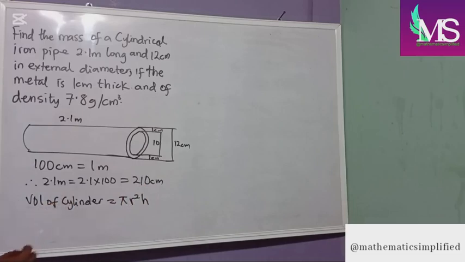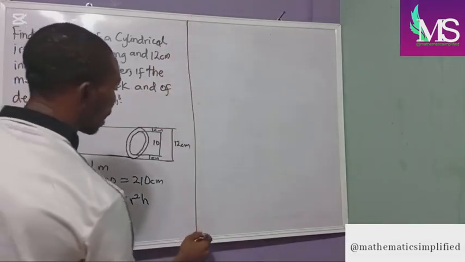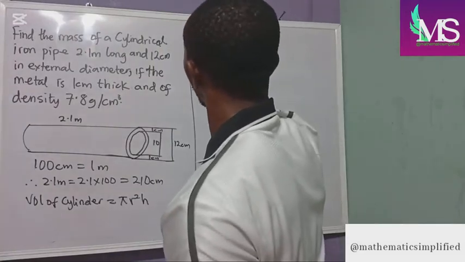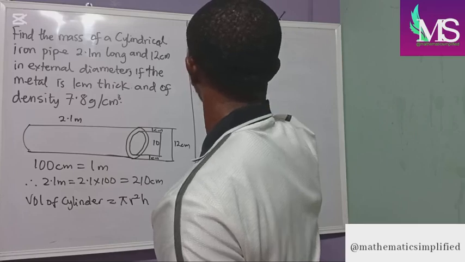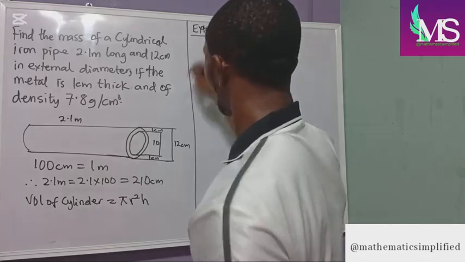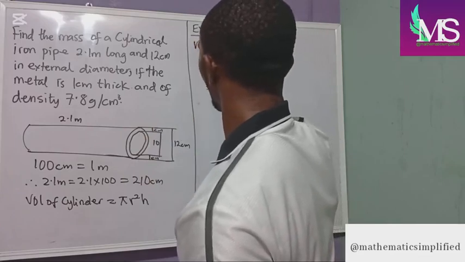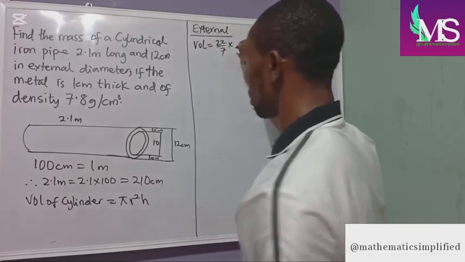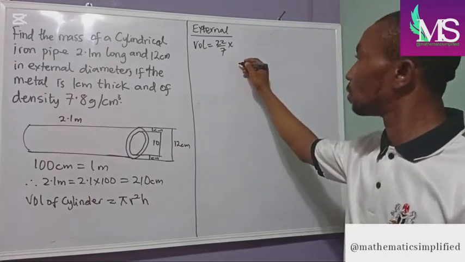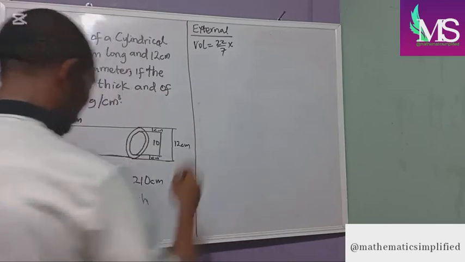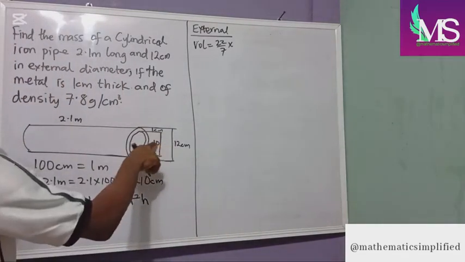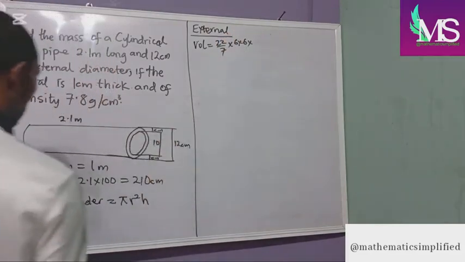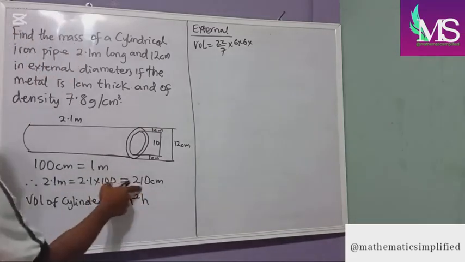Now we are going to look at external and internal. Now for the external, we are having our volume to become pi r, which is 22 over 7, times our r, which is half of 12, 6 times 6, times our height, which is 210.